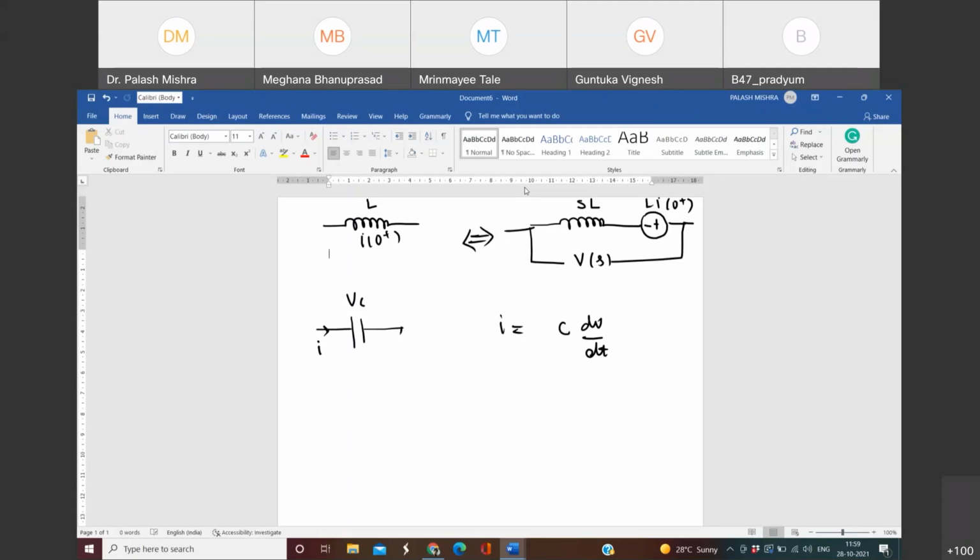Okay. Now just like we have done in the inductor, please tell me how the capacitor will be represented in the Laplace domain if it is having some voltage V(0+) also. I'm giving you 2 minutes time.